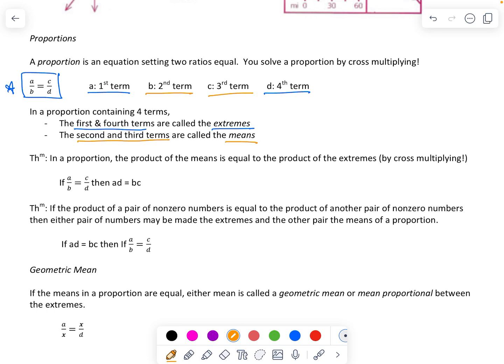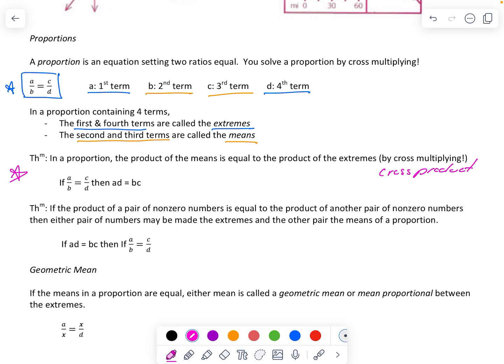So if you see that, that's what it means, okay? So let's go to this first theorem. In a proportion, the product of the means is equal to the product of the extremes. We call this cross multiplying, or I usually call it the cross product.